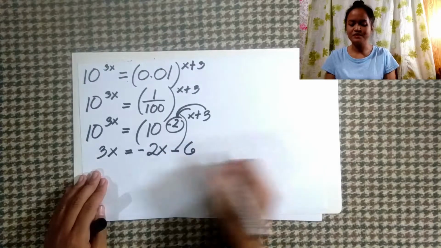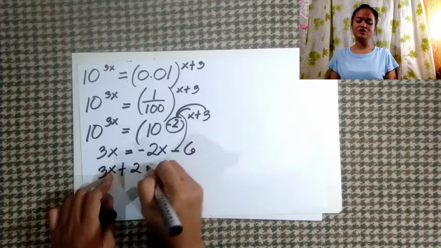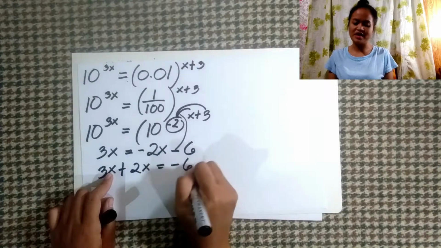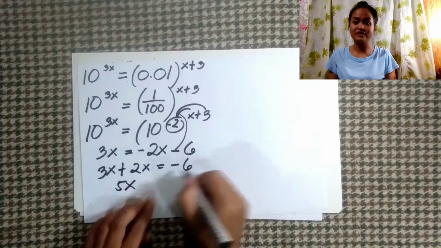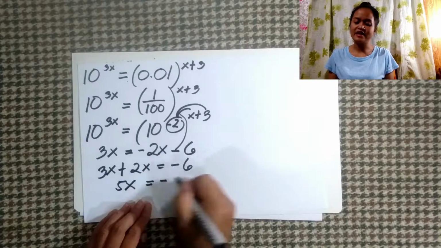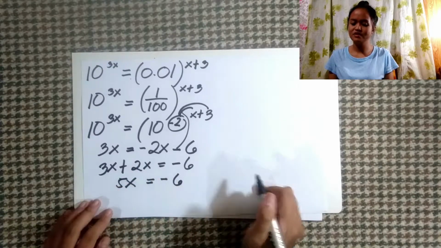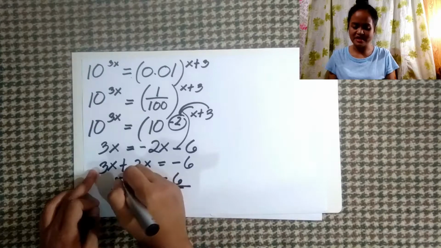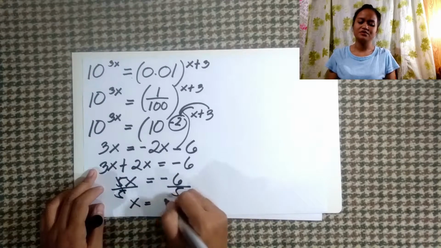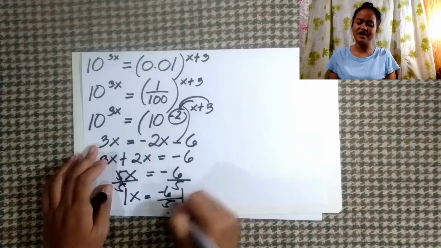Combining like terms and using APE, or addition property of equality, this will give us 3x plus 2x equals negative 6, leaving us with 5x equals negative 6, and dividing 5 both sides, we have x equals negative 6/5.